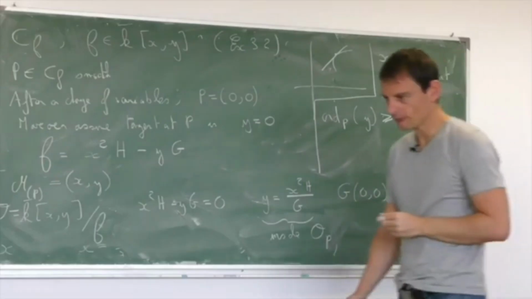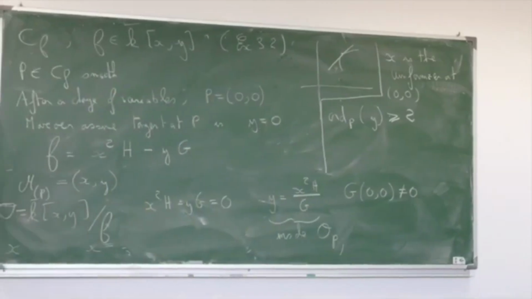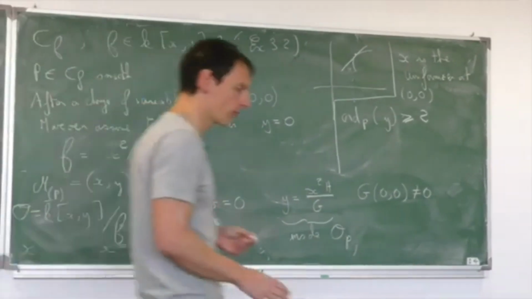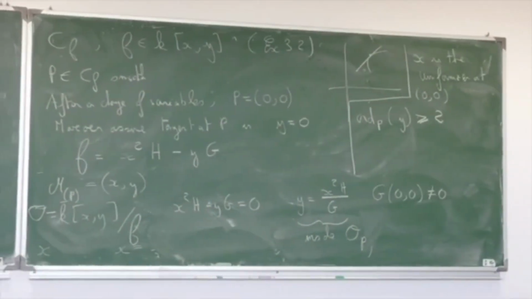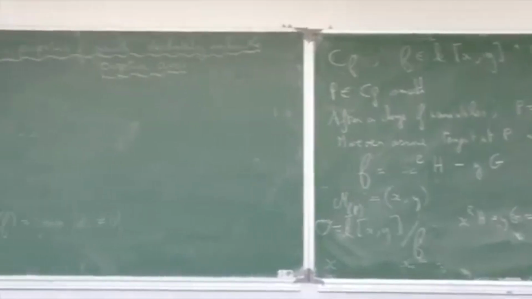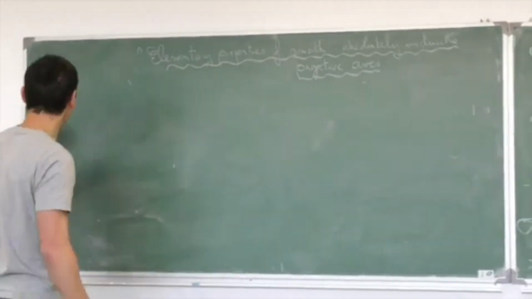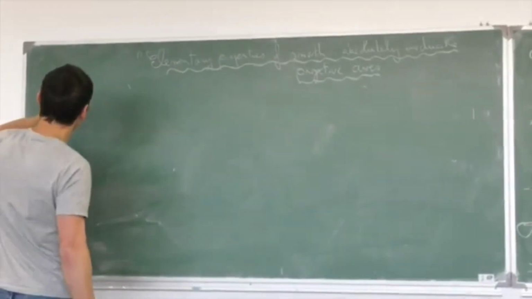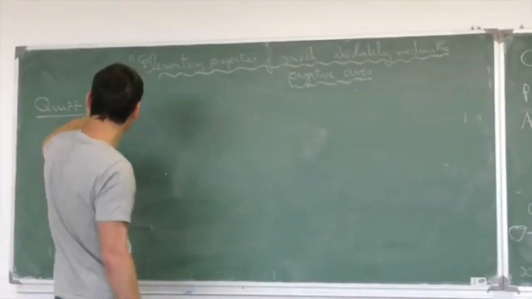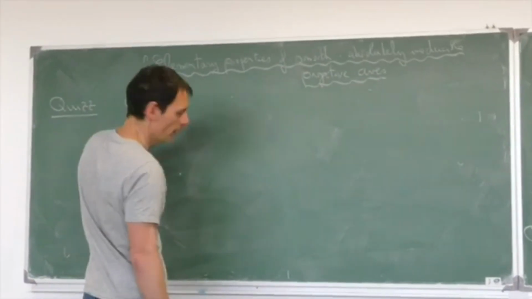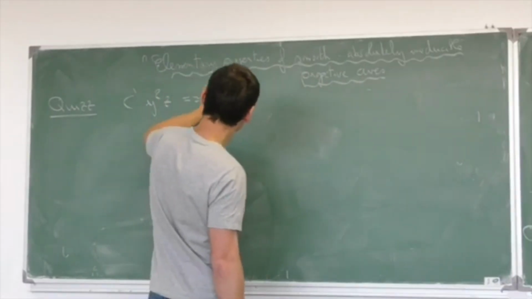Okay. So those were the two examples that I wanted to show you. As a quiz for you, you can try yet another example. It's still a plane curve. Consider the curve C: y squared z equals x cubed plus z cubed.